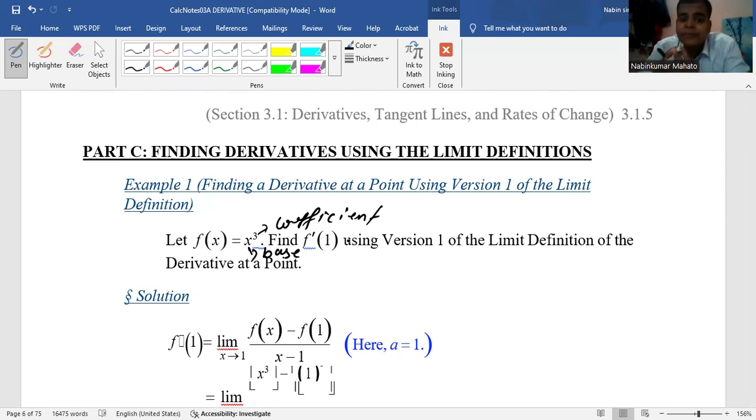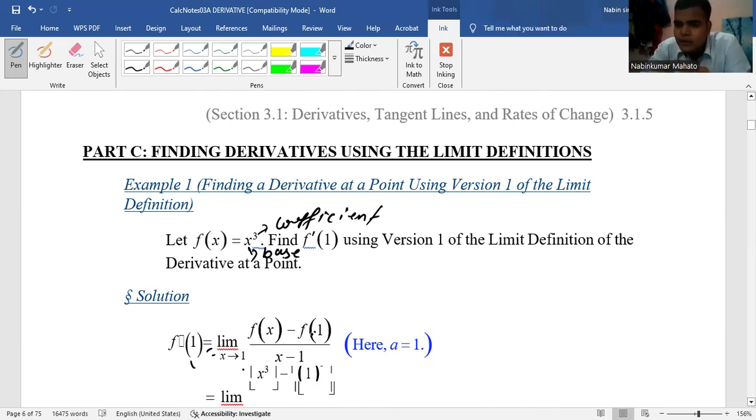Find f prime of 1 using version 1 of the limit definition of the derivative at a point. Let's see. F prime of 1 equals the limit as x tends to 1 of f(x) minus f(1) over x minus 1.